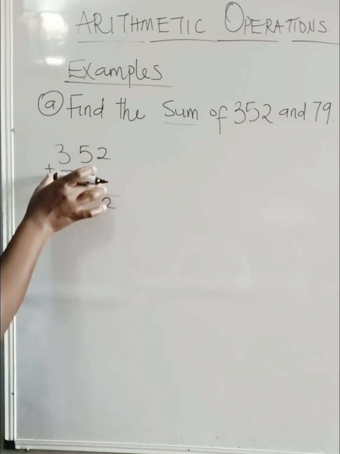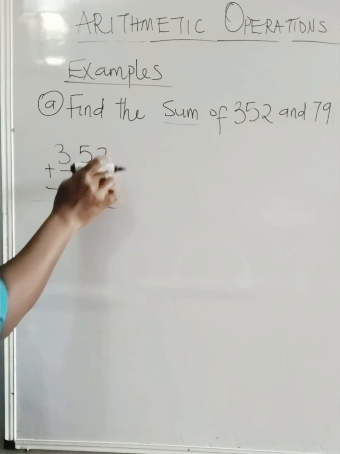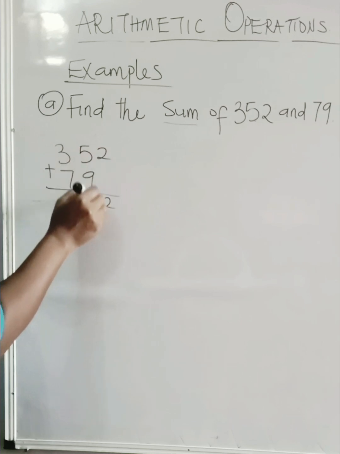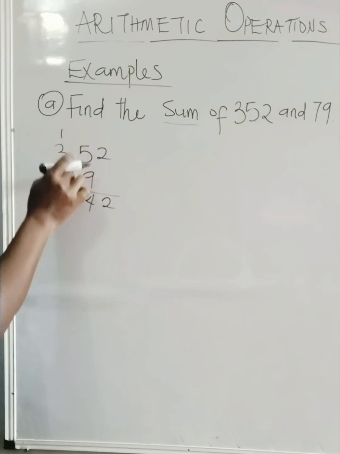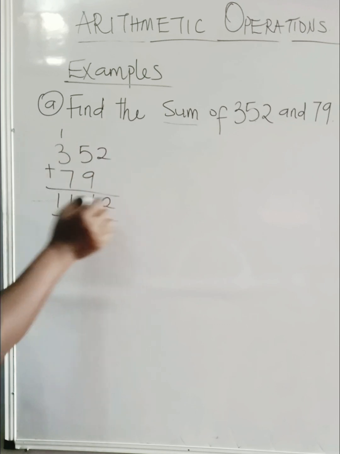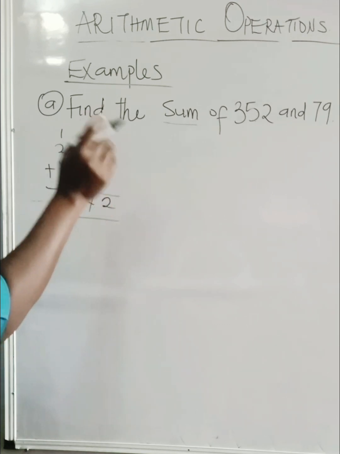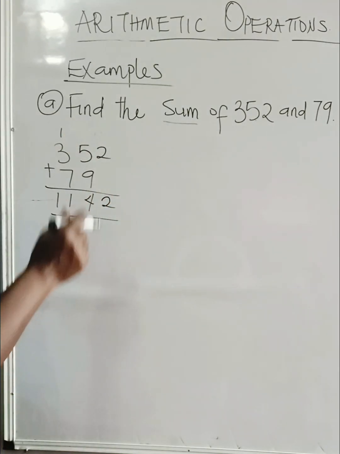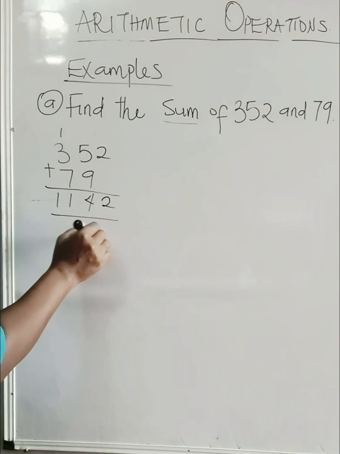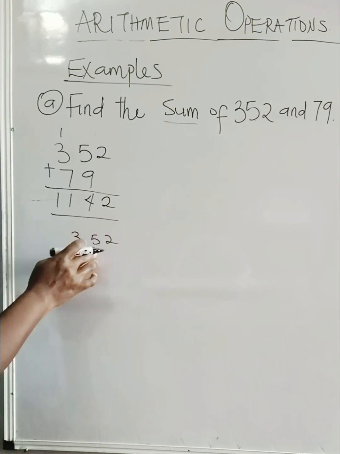So if we arrange it in this way, for instance, and you bring your 2 here, 5 plus 9, you have 14, you bring your 1 here, 1 plus 3, 4, 4 plus 7, you have 11. You are going to have a different answer when we arrange it the proper way using the place value. So 352, this is the place value.